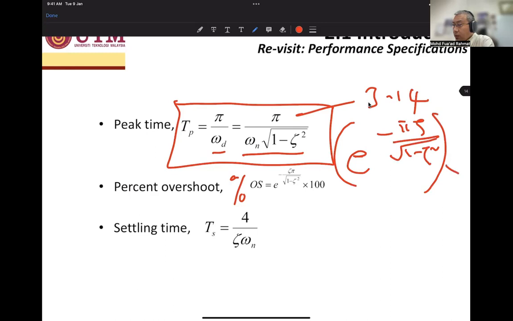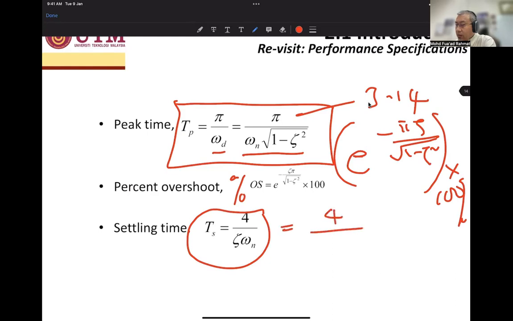And for overshoot percentage, it is e to the power of minus pi zeta over the square root of 1 minus zeta square, all multiplied by 100%. And settling time is 4 divided by zeta omega n, usually the modulus of the real part.